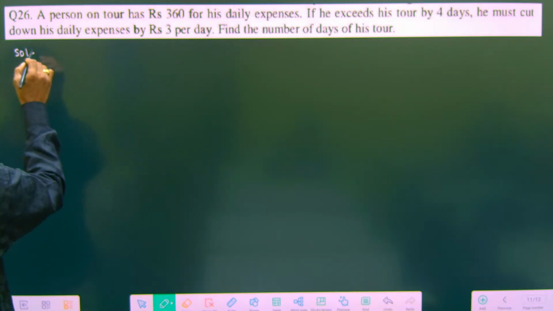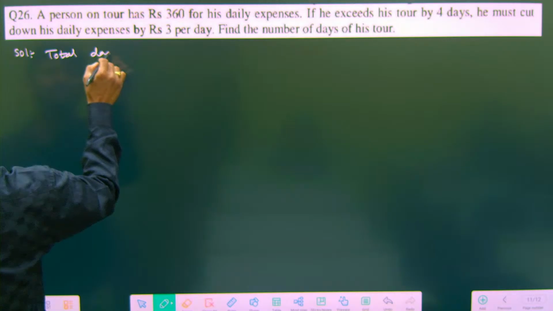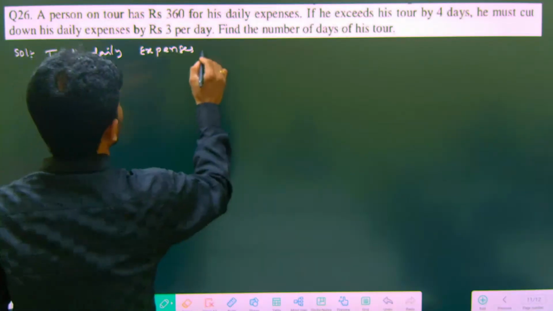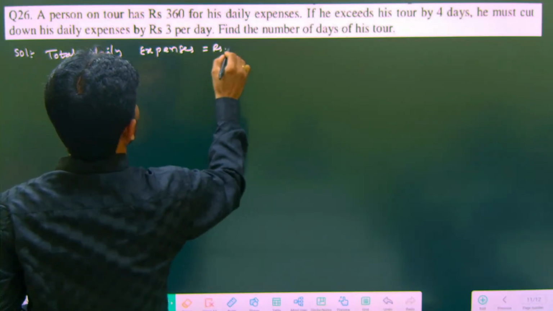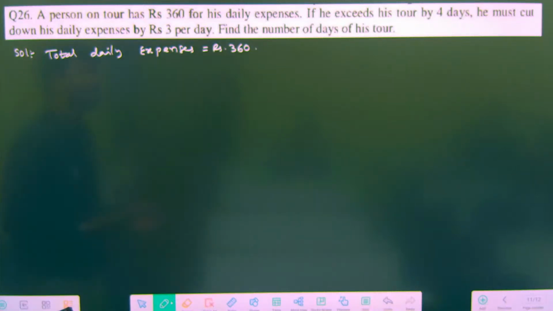Expenses are given. Total daily expense is how much? Rupees 360. The number of days and the expenditure on each day you have to find.